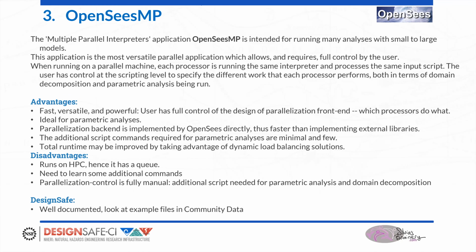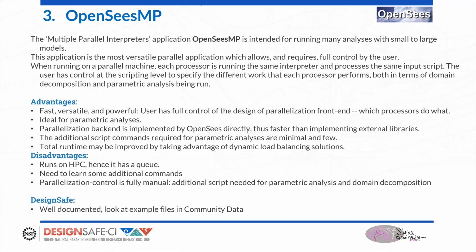You're not really sending different scripts, but within the script, you say, hey, if you're processor 1, do this. If you're processor 2, do this, and so on. So you put into the script which processor does which work, whether it's assigning which nodes and elements go to that processor, or which analyses are being run by that processor. And so that's the big difference between MP and SP.